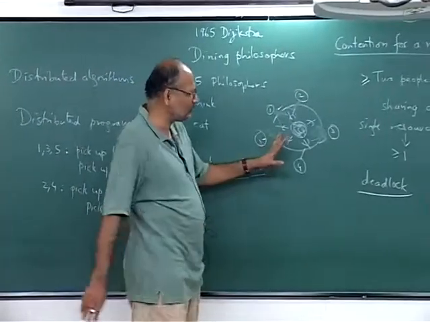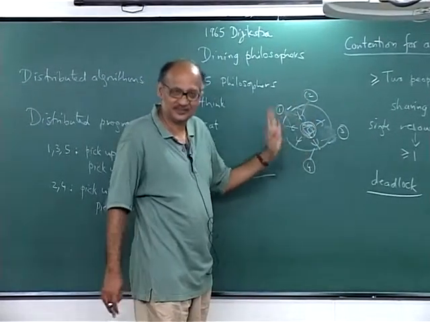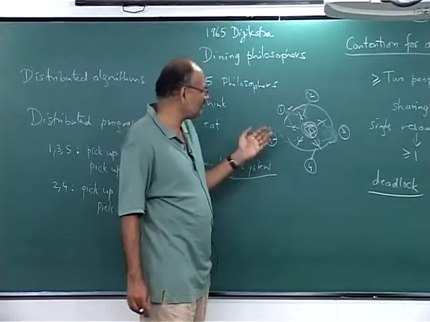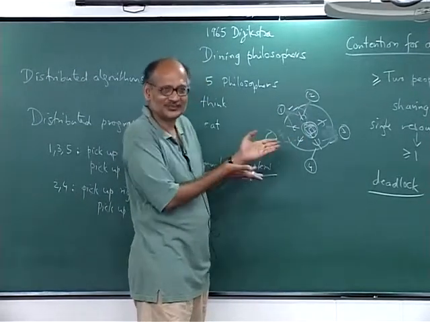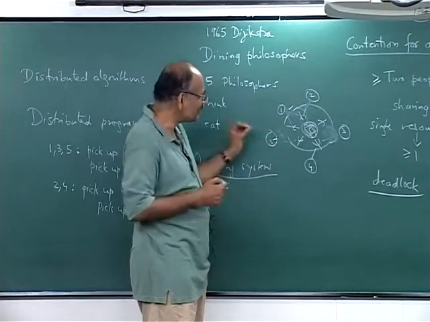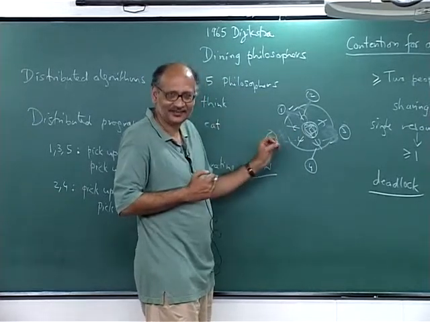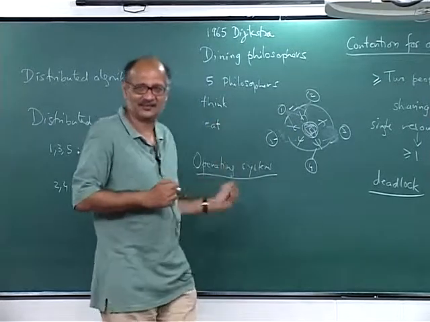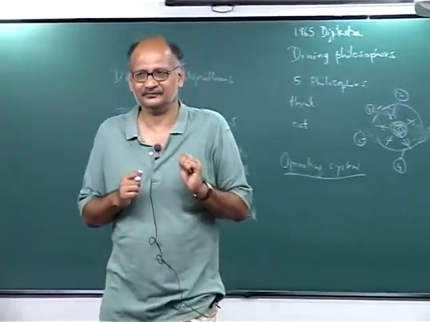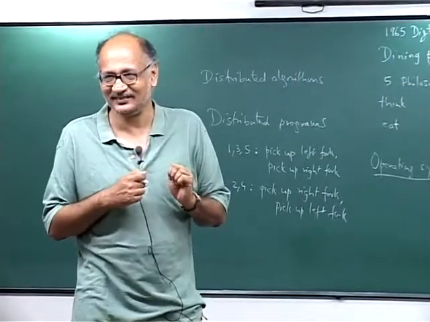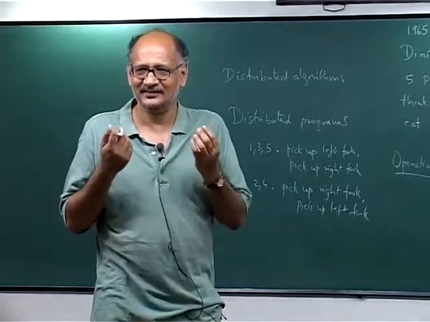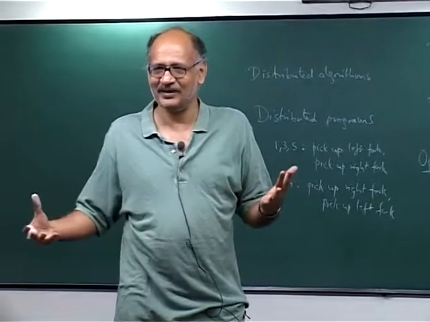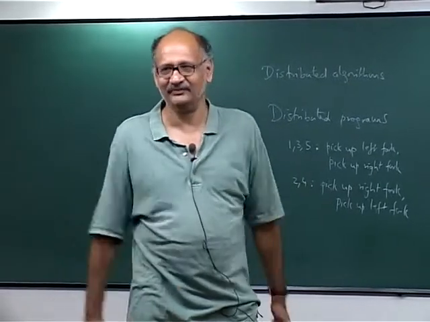So all I'm saying is it's not as though this solution is perfect, right? But at least we are seeing some progress. At least one person gets to eat, right? So is there any possibility at all that there is a deadlock with this algorithm? So that's what you are claiming. So I'm saying, can you exhibit some scenario by which there will be a deadlock?